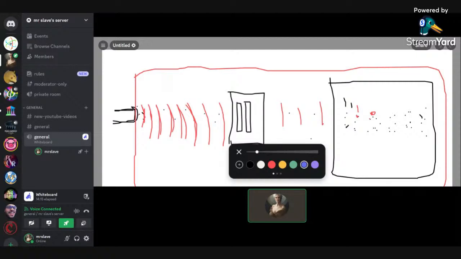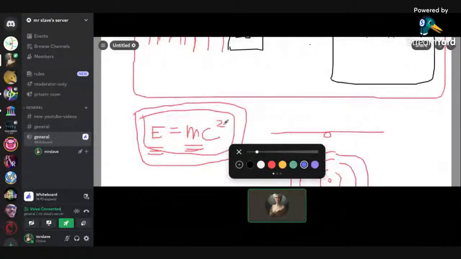This particle, in order to traverse any distance relative to the observer, and the observer, I would say, is the detector at the other side, must convert into a wave. The conversion to a wave is readily available through E equals mc squared.